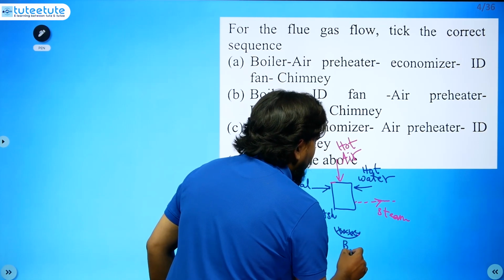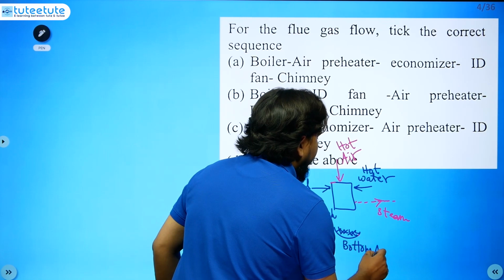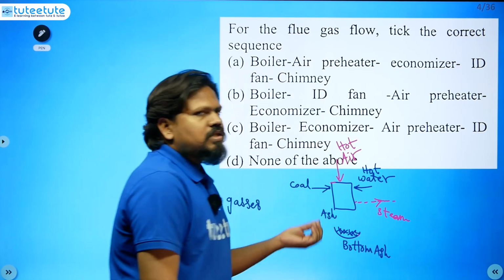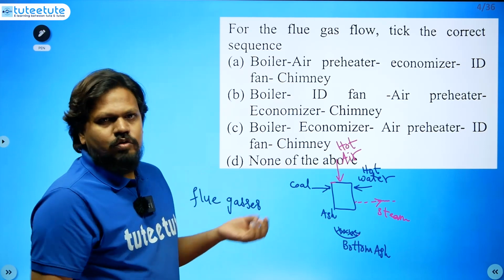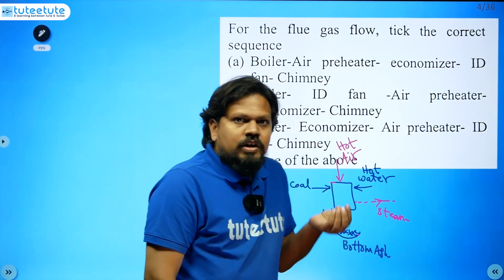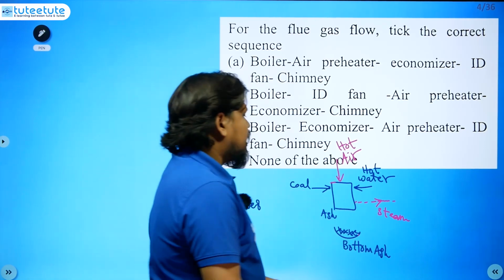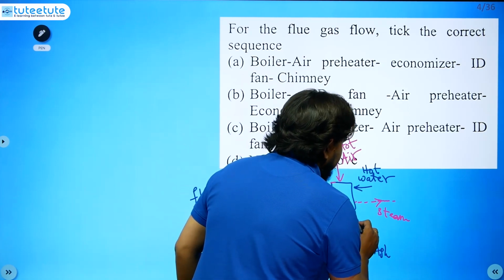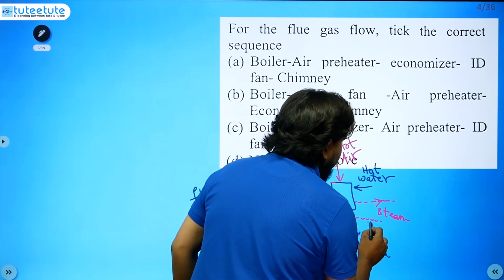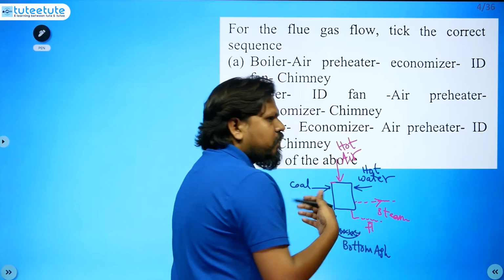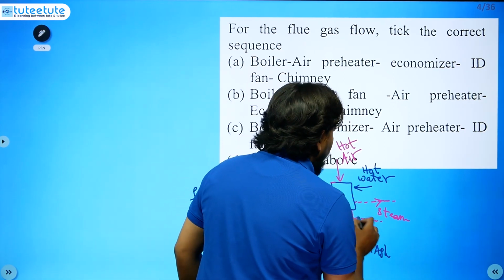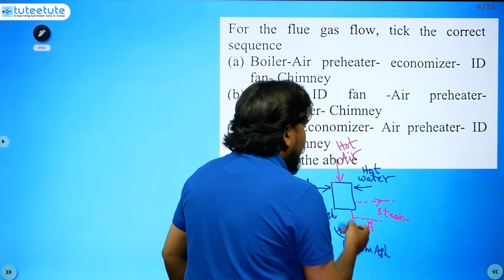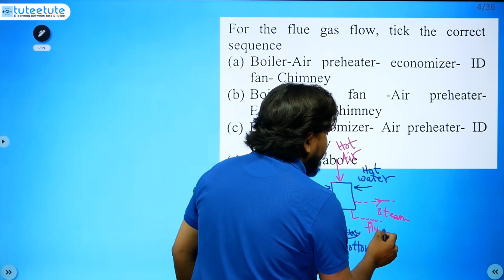Whichever has less weight will be flying, so we call it fly ash. So this is bottom ash, and that is fly ash.